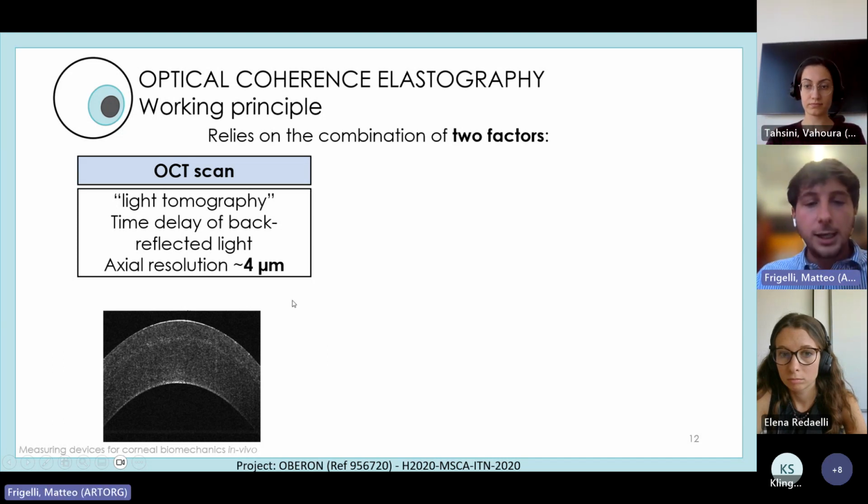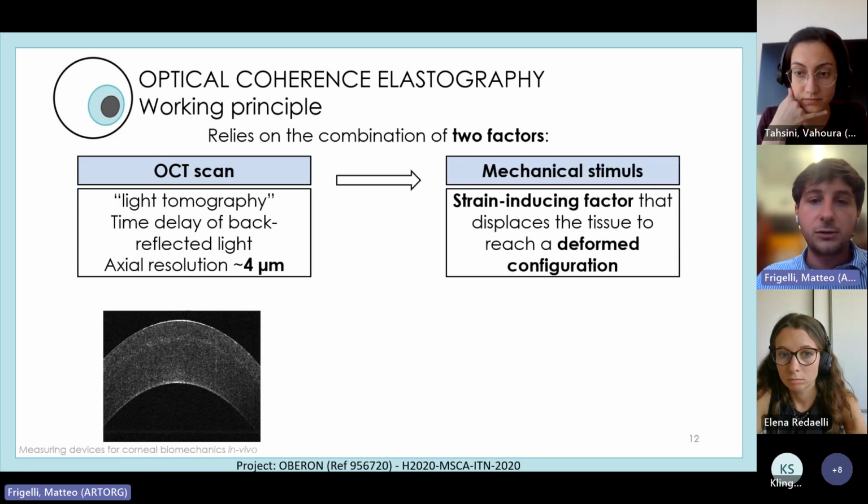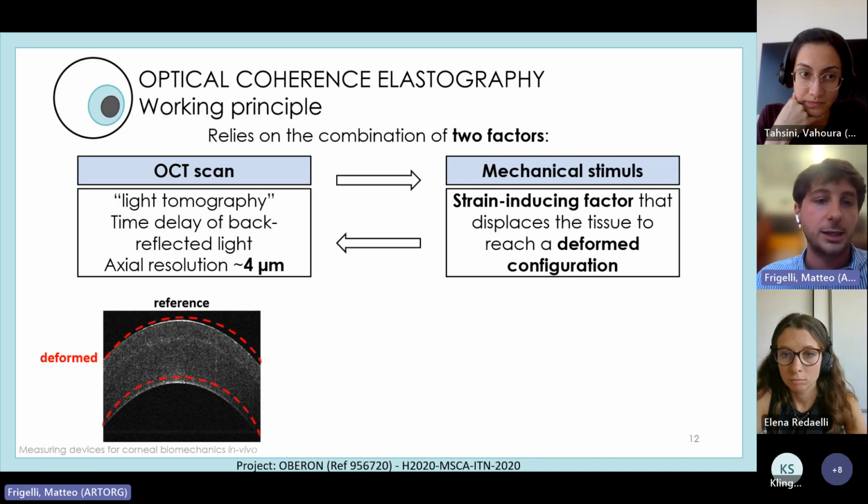So to apply optical coherence elastography, we need a second factor, which is a mechanical stimulus. We deform the cornea, we induce a displacement in the cornea, and after the displacement, we acquire a second optical coherence tomography scan.